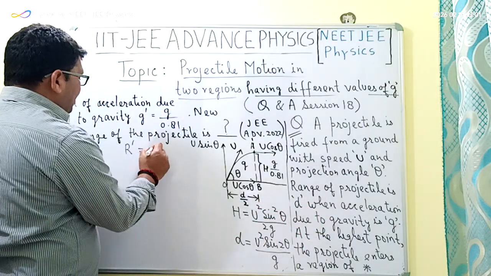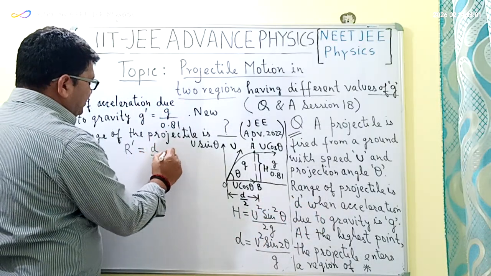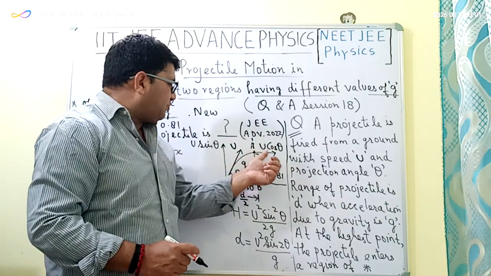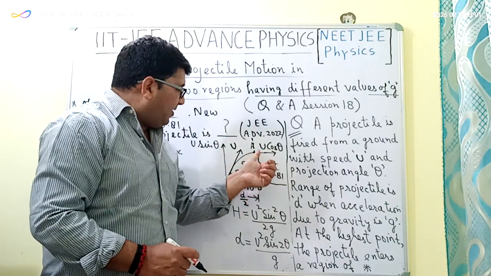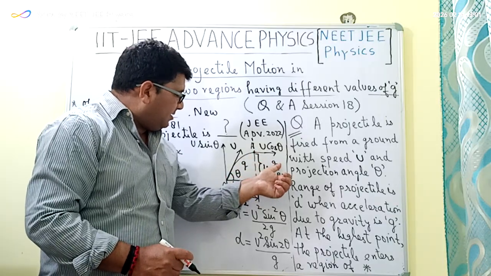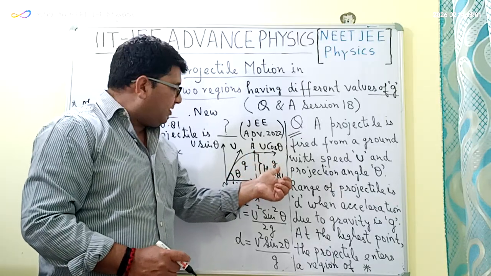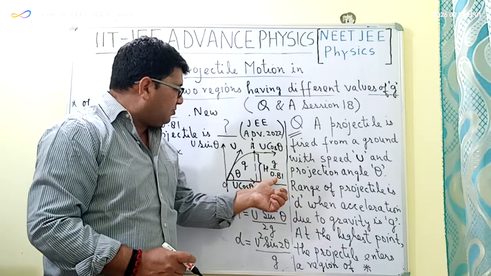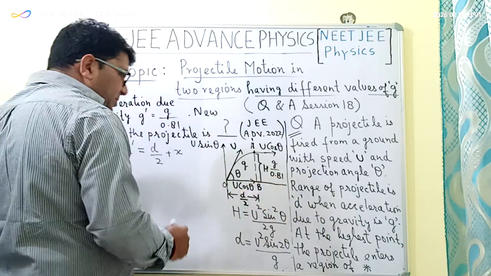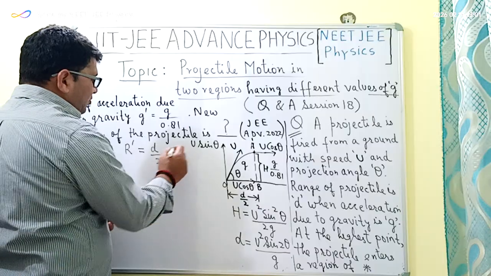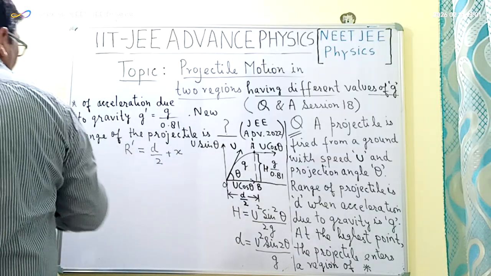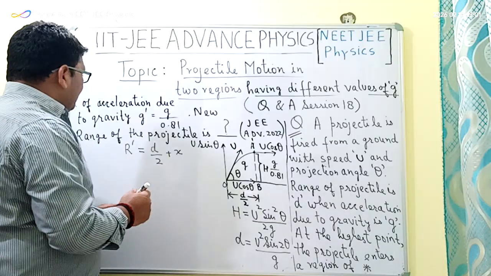So the new range will be d by 2 plus the horizontal distance covered by this projectile when it enters the region where the acceleration due to gravity is g divided by 0.81. Let us consider that horizontal distance equal to x. We have to simply find the value of x, and thereafter we will be able to find the new range of the projectile.